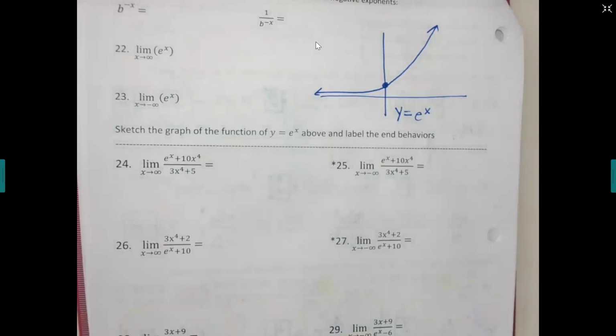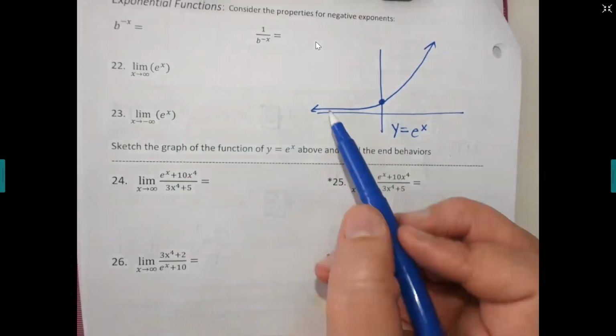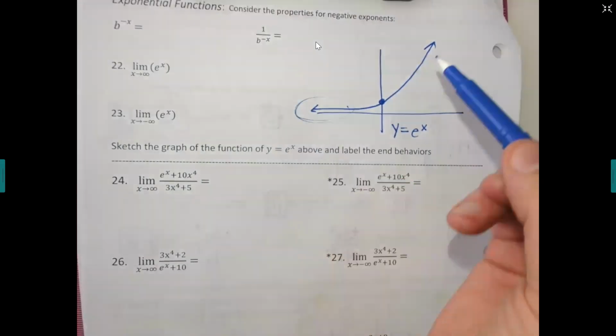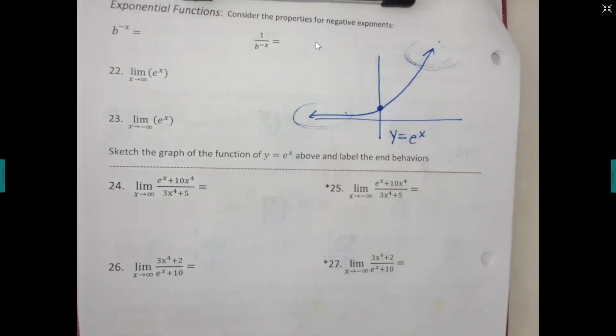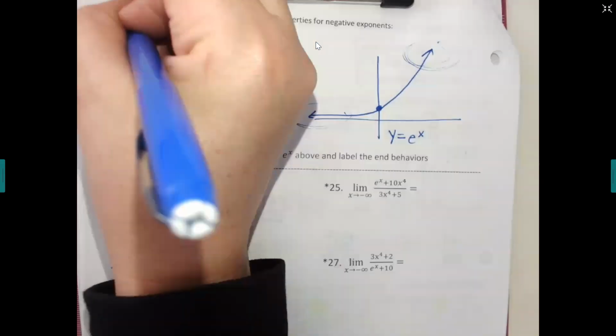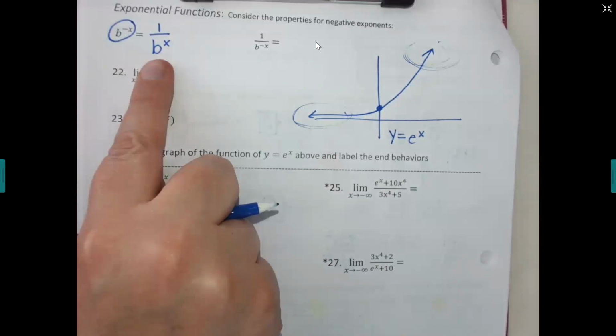Thank you. Okay, so look at the graph of e to the x. Do you notice that on this side you have an asymptote, but on this side you don't? Okay, that happens because of this property. If you have a negative in your exponent, do you remember that that means you can bring that term down into the bottom of a fraction?